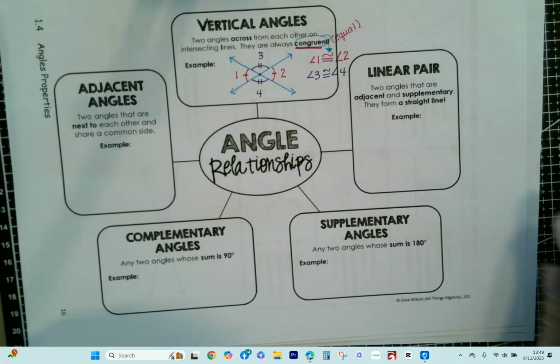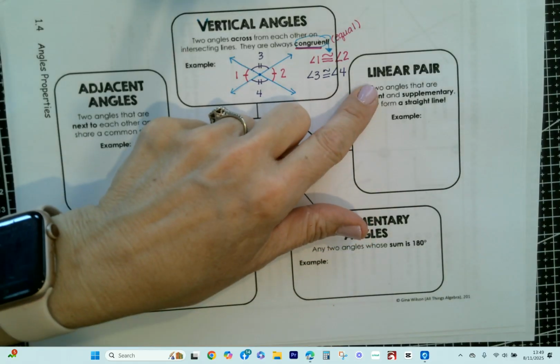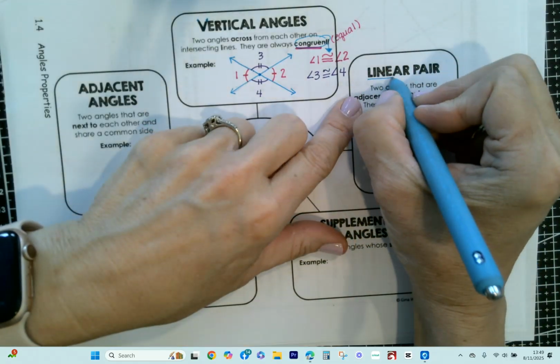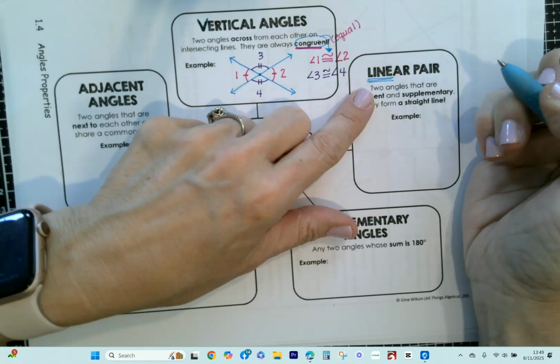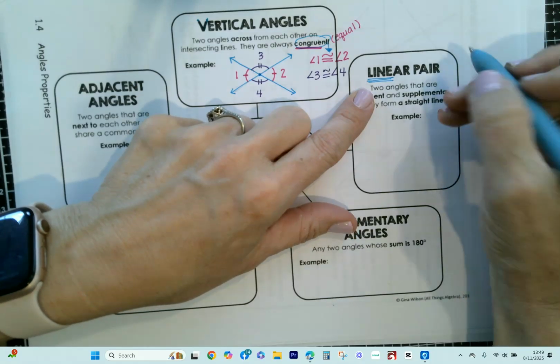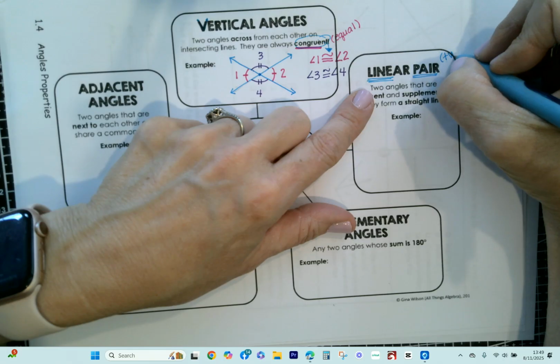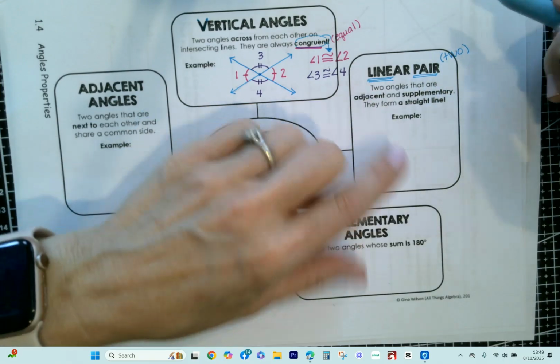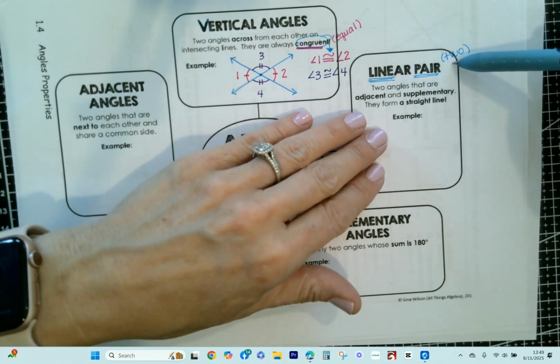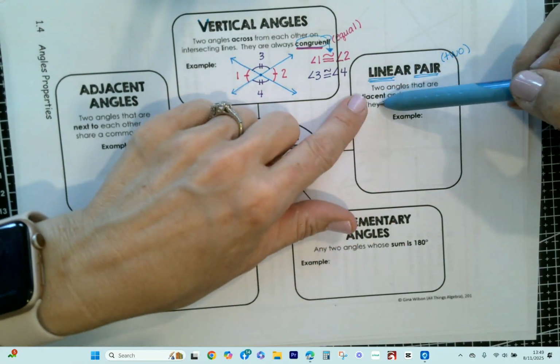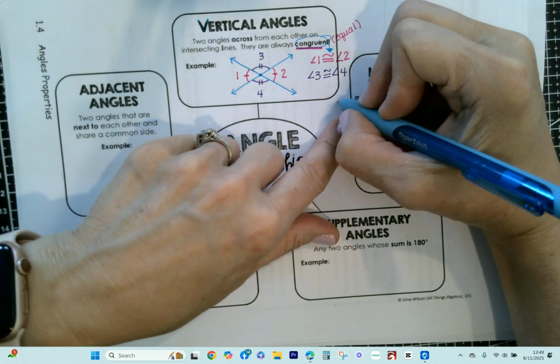Okay, let's go on to something called a linear pair. Now, the word line is in there, and then we have pair. Well, a pair means two, correct? So basically we have two angles. They are adjacent, which means next to.